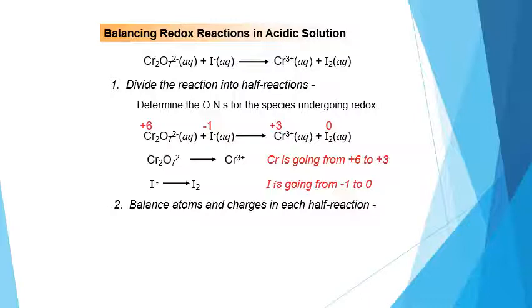Next, when you determine which one is the reduction reaction and which one is undergoing the oxidation reaction, you have to balance the atoms and charges in each half reaction. So let's start with dichromate. Take note that you have 2 chromium in the reactant portion and 1 chromium in the product portion.